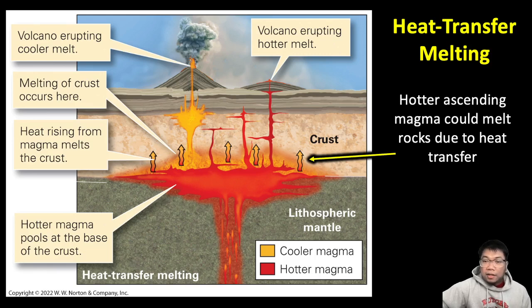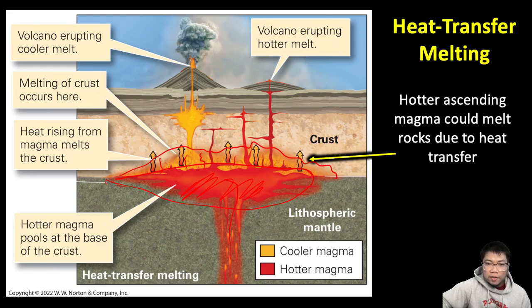So let's take a look at the first method, which is heat transfer melting. This typically occurs in the crustal rocks when you have hot magma rising and pooling right below the crustal rocks. Now, what's going to happen is that this hot magma will generate some heat, and it will cause the overlying crustal rocks to melt.